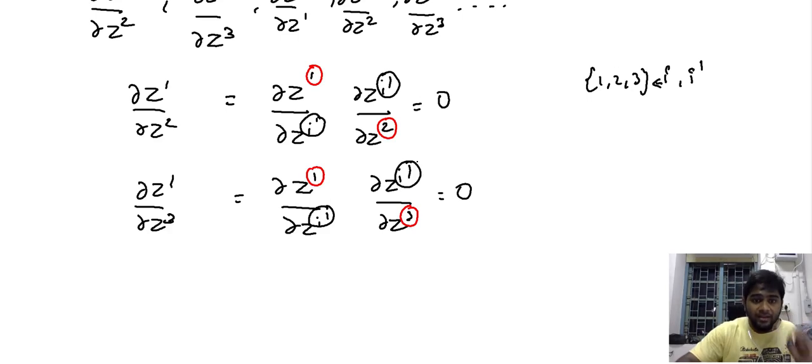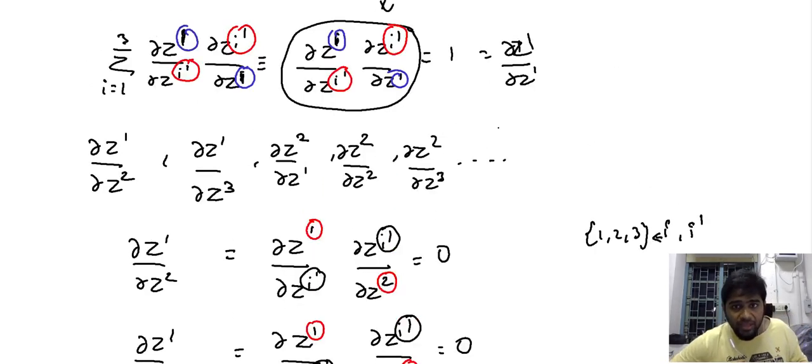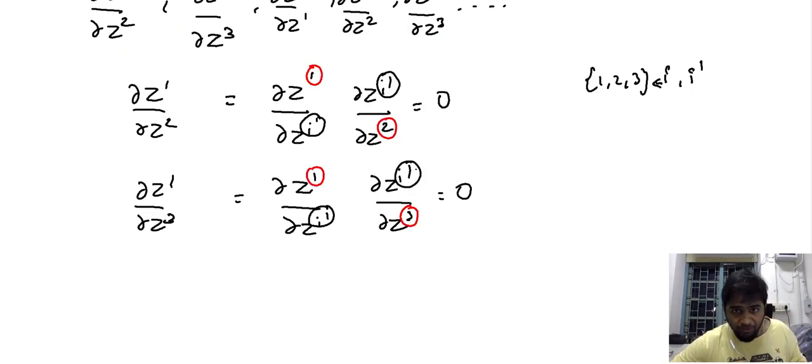Now we have 3 different expressions for partial derivatives, and the only factor that changes is the indices in the red. Now it is possible for us to replace, similar to i prime, these indices in red with a variable, provided we are able to understand the difference between the indices in the red and the indices in the black.